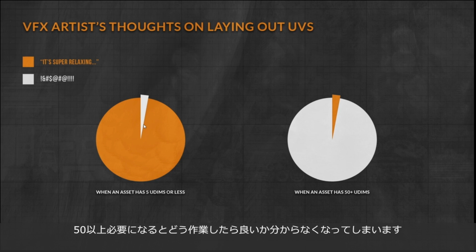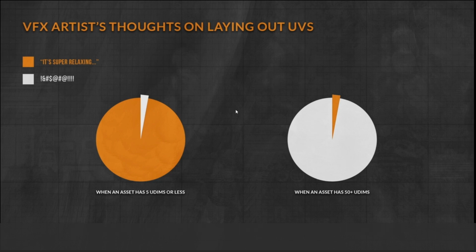But as soon as they work on an asset that has 50 or more UDIMs, they know how annoying it is. It's a nightmare. If you do a proper layout of an asset that has all these UDIMs, it's going to be a headache.